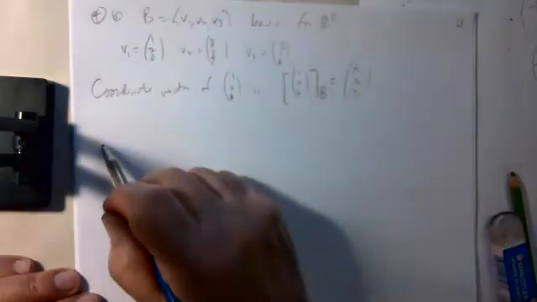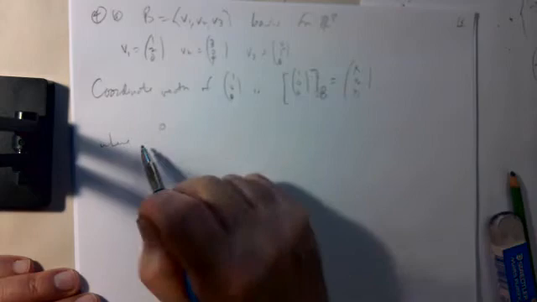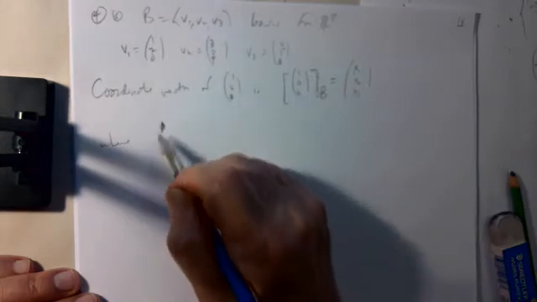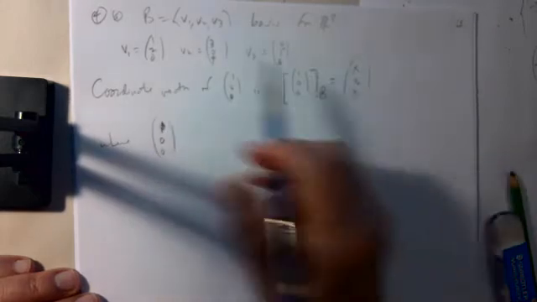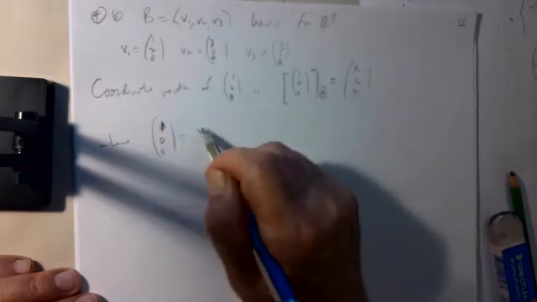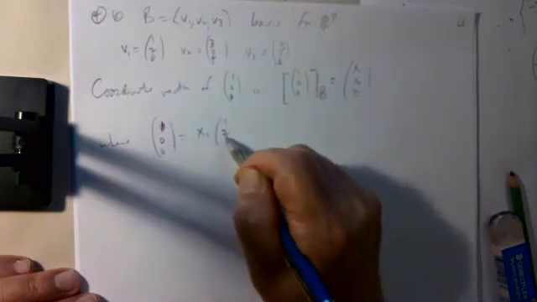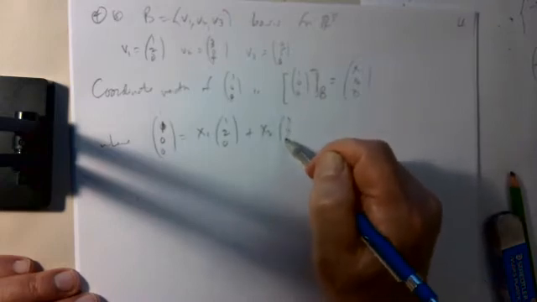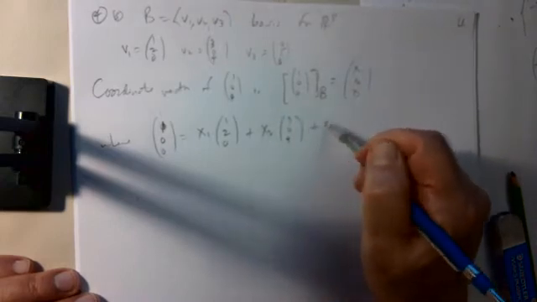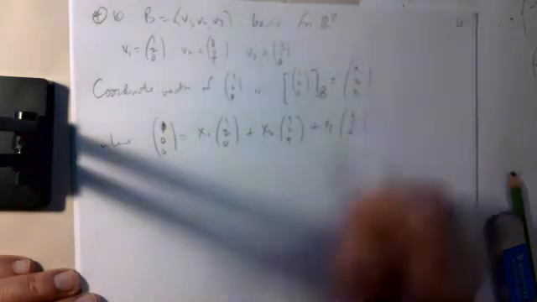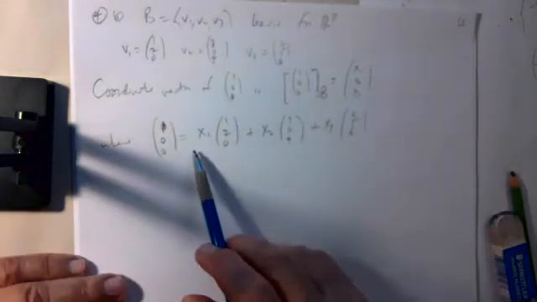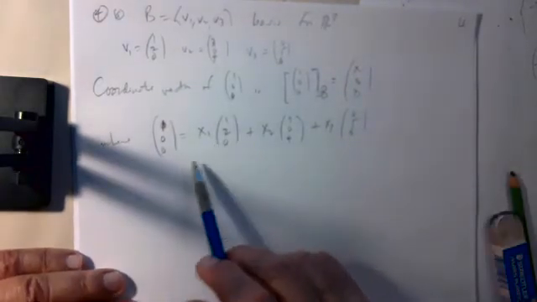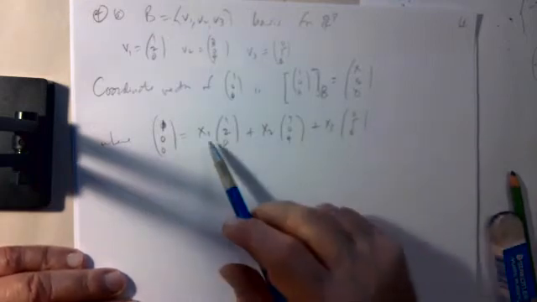What this means is (1, 0, 0) is this linear combination of the basis vectors: x1 times (1, 2, 0) plus x2 times (3, 0, 4) plus x3 times (0, 5, 6). So I have to solve this vector equation for x1, x2, and x3.